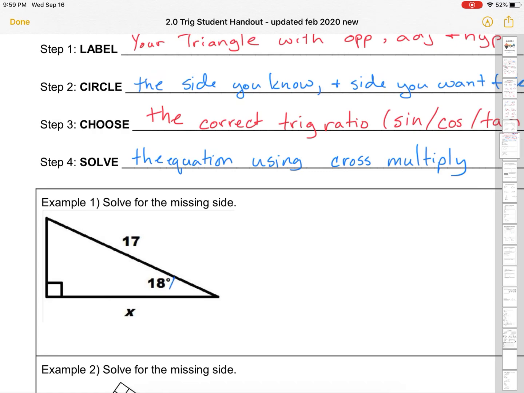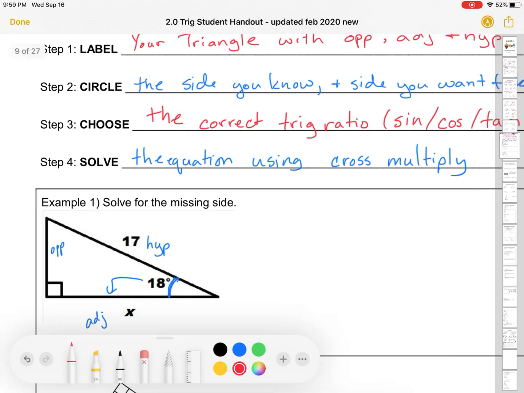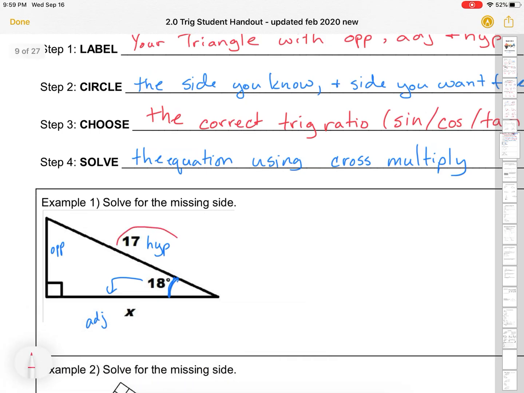So doing our steps. Step one, we're going to label. We always label from the angle we've been given. From that angle, we know this is the hypotenuse, this is adjacent, and this is opposite. Okay? We're going to circle the side we know and the one we're looking for.